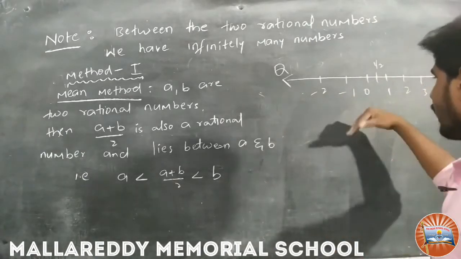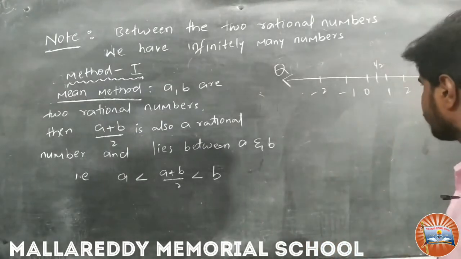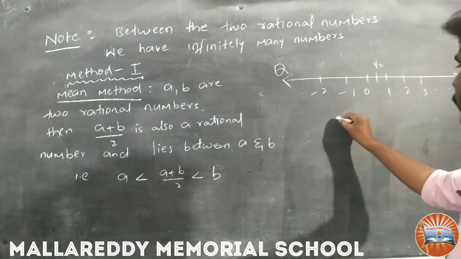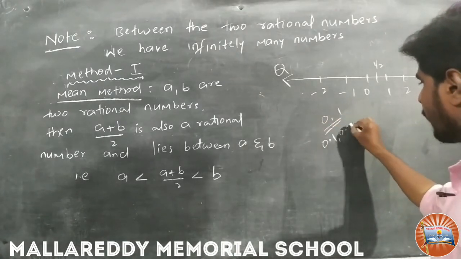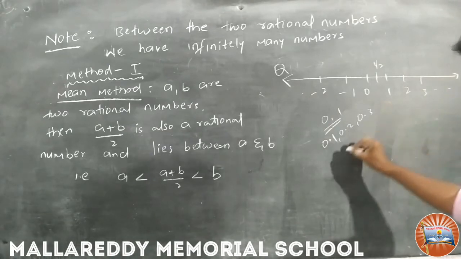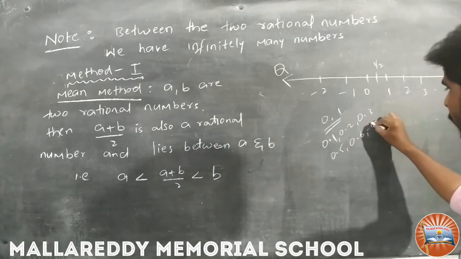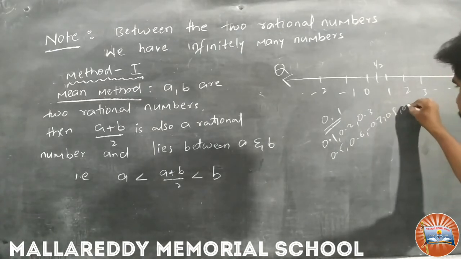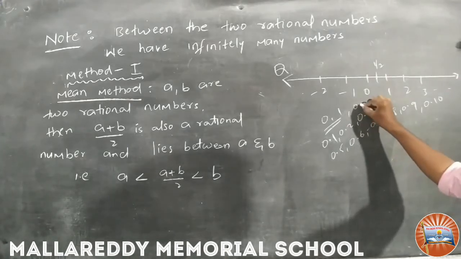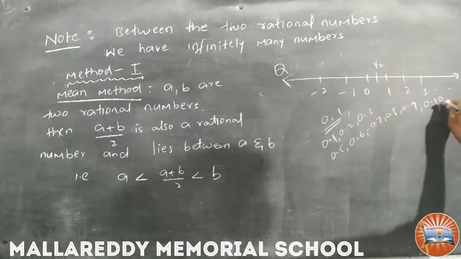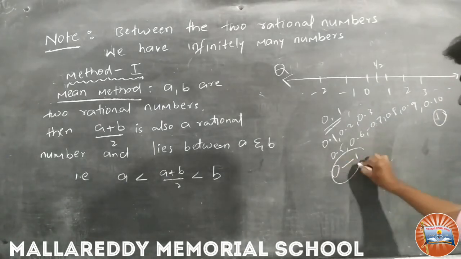So we have infinitely many numbers like that. Suppose between 0 and 1, we can write 0.1, 0.2, 0.3, 0.5, 0.6, 0.7, 0.8, 0.9, and again 0.10, which is nothing but 1 more. So between 0 and 1, we have these numbers.